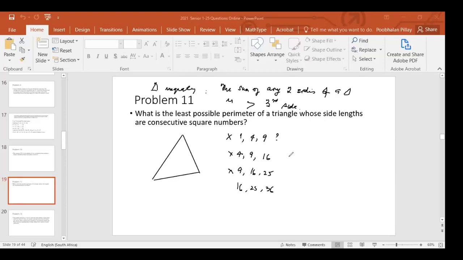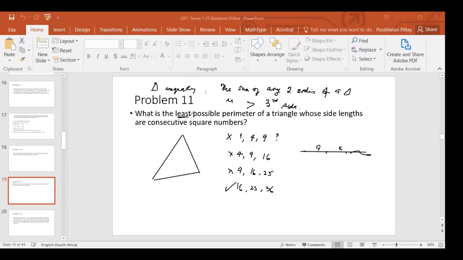When you try to draw the triangle, all 3 points will lie on the same straight line, like this. You've got 9, and you put 16, and this entire line here is 25. So you can't get a triangle. Even that doesn't work, but this does work, because 16 plus 25 is 41, which is greater than 36.